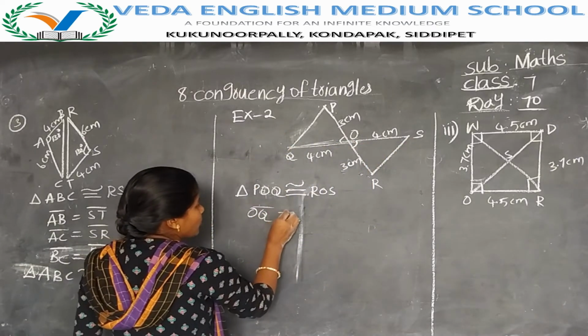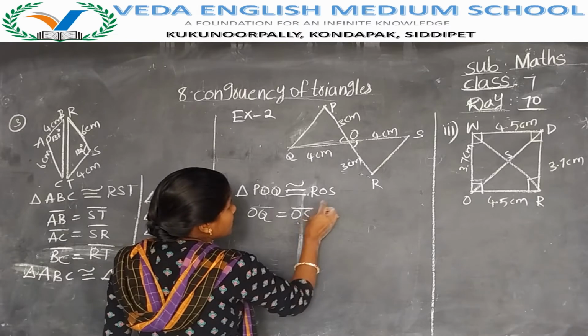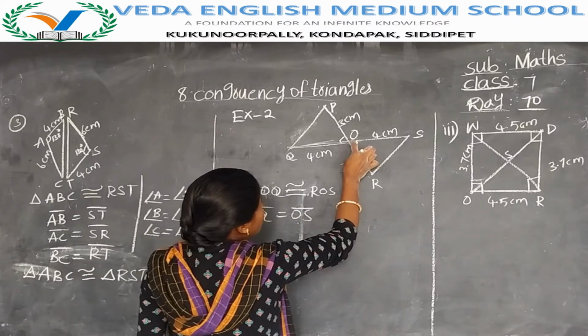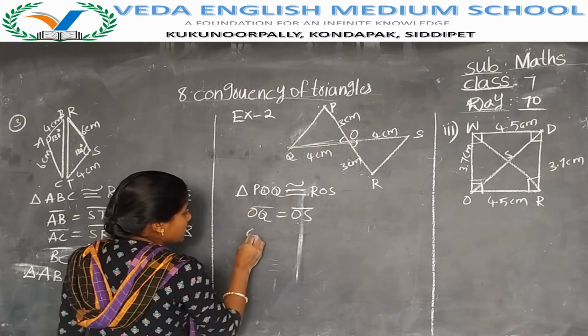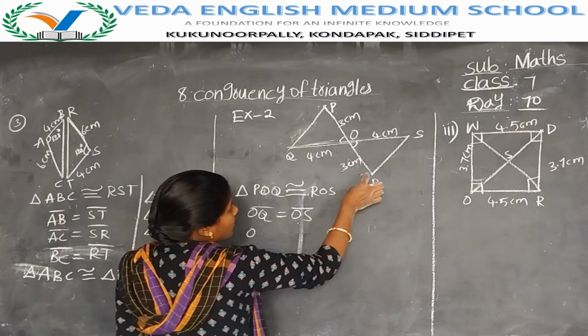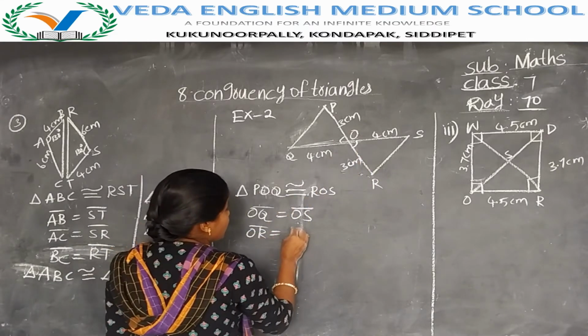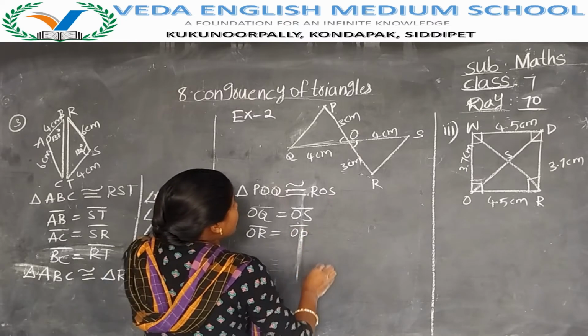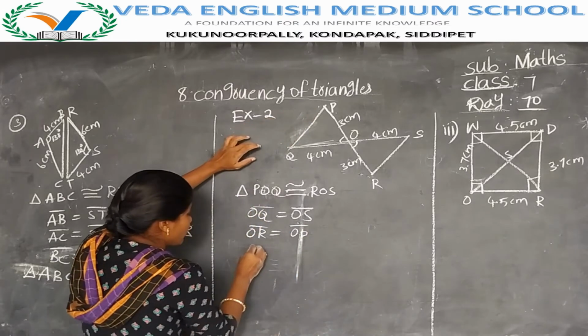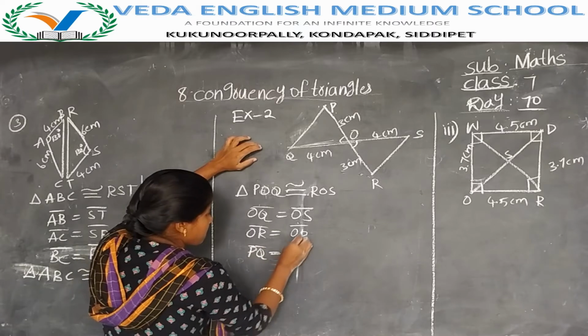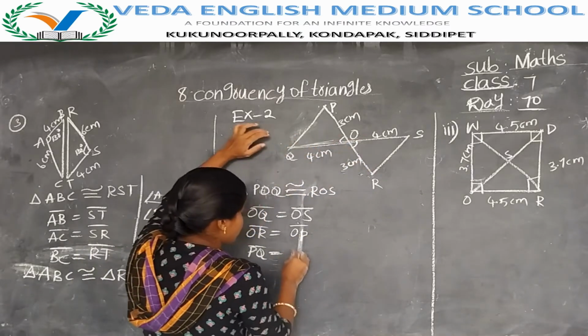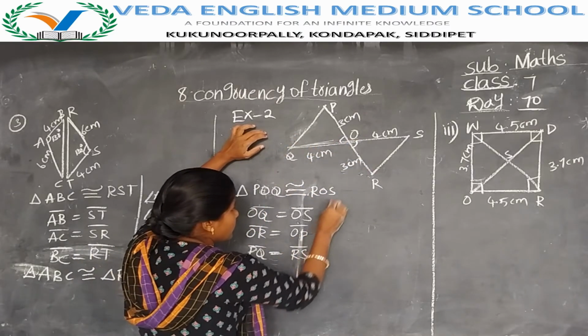Line segment RO is equal to line segment OP. Then line segment PQ is equal to line segment RS. So three sides are equal.